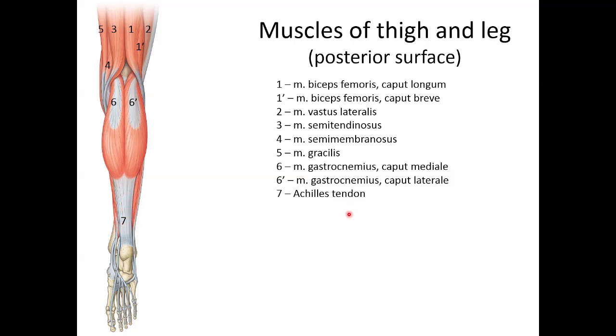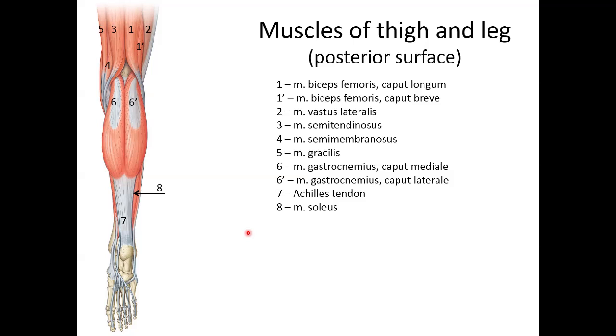So Achilles tendon, or tendon of musculus triceps surae. Then this arrow, number 8, what is it? It's a muscle which is lying more deeply under musculus gastrocnemius. It is named musculus soleus.